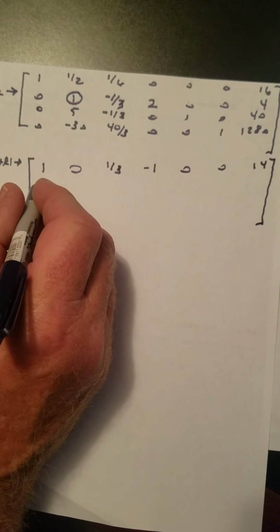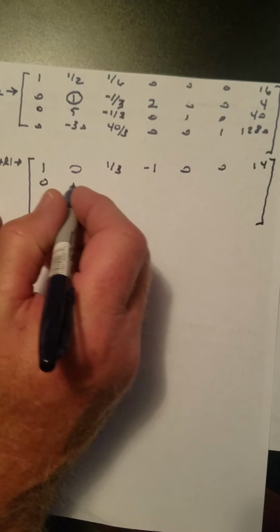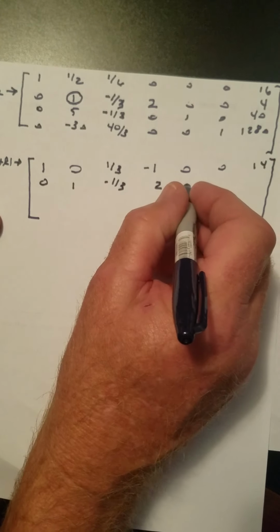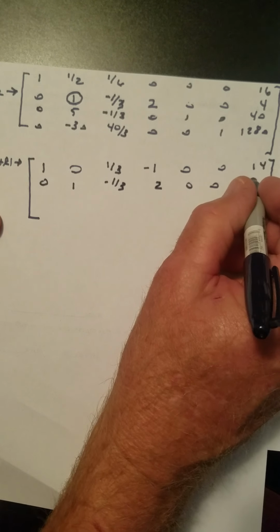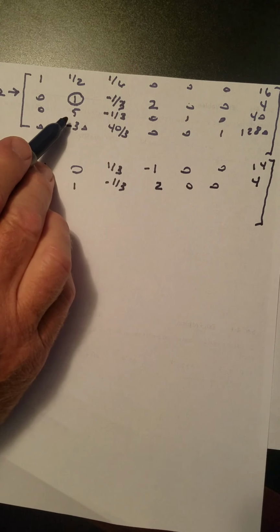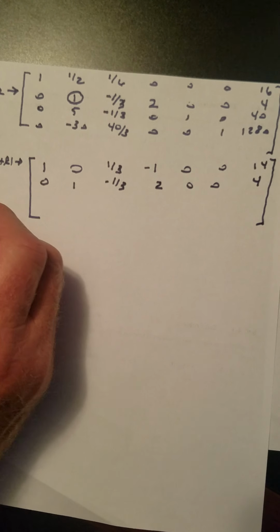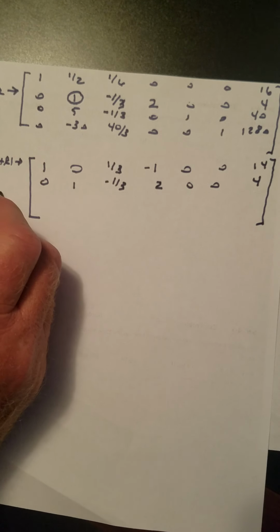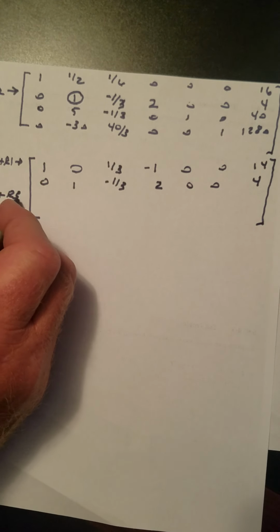Second row stays the same because that's where your 1 was at. Third row, we want to get a 0 here. We have to multiply by negative 5. So that's negative 5 times row 2 plus row 3.